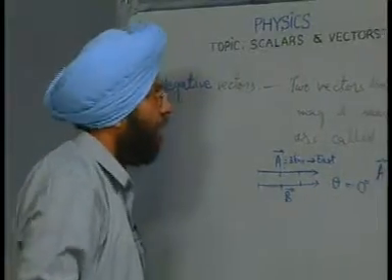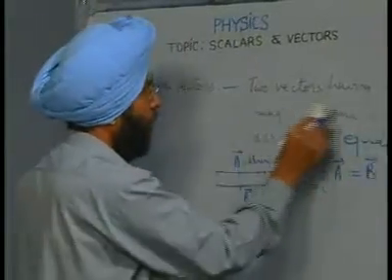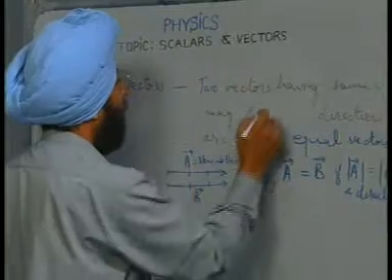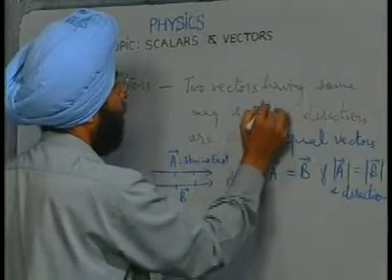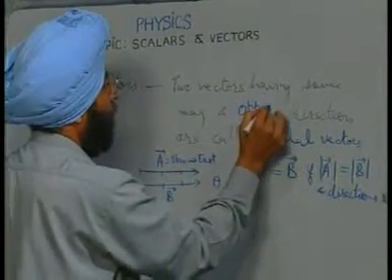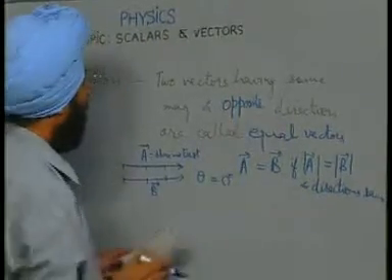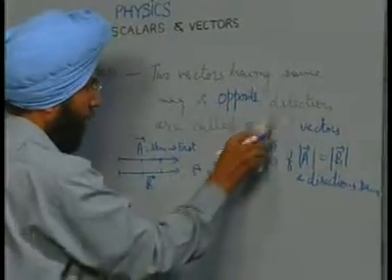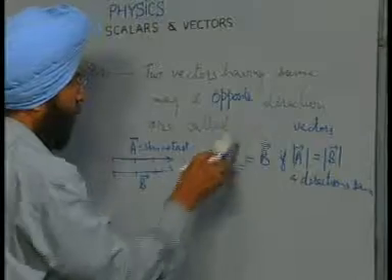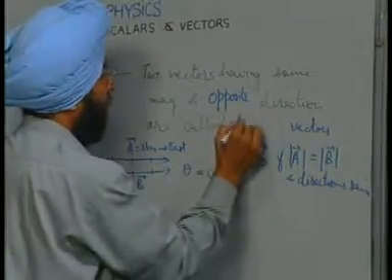Two vectors having same magnitude, but opposite direction are called opposite vectors or negative vectors.